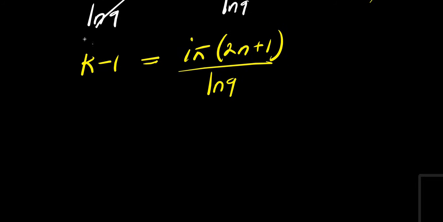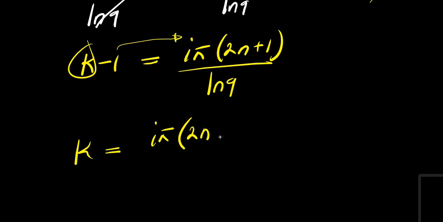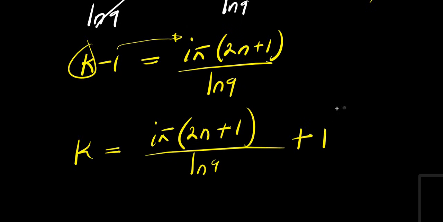Now, we are going to isolate k, so we need to push this negative 1 over here, so I have k equals I times pi times 2n plus 1 divided by natural log of 9 plus 1.